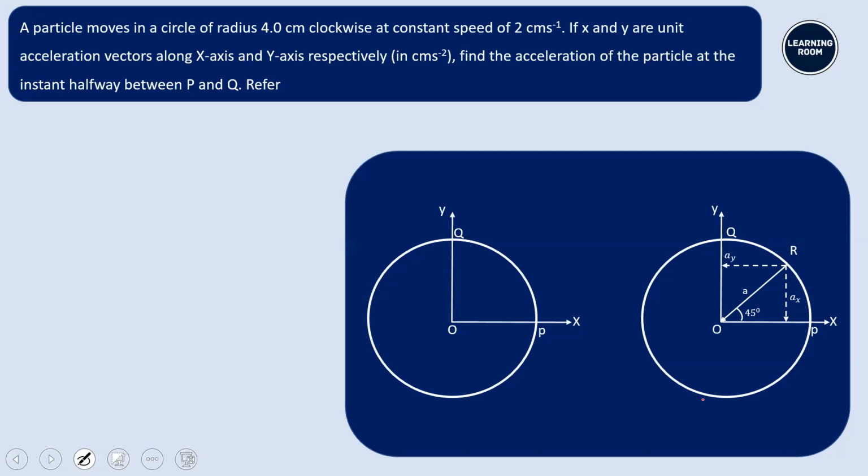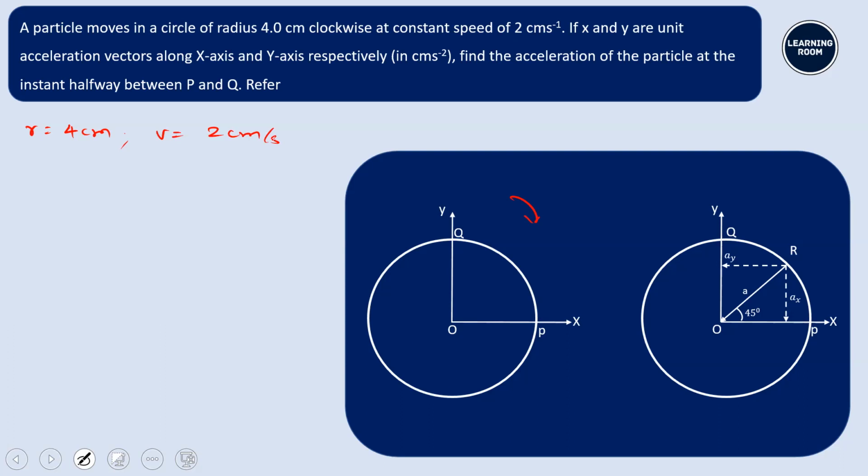A particle moves in a circle of radius 4 centimeters clockwise at a constant speed of 2 centimeters per second. So given information is the radius is 4 centimeters and it is revolving in the clockwise direction with a constant speed of 2 centimeters per second.